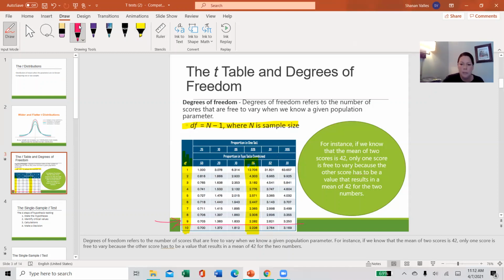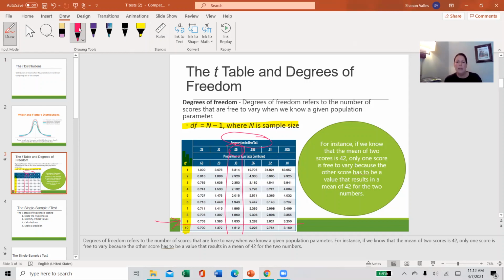That means you would look here at the two-tailed and the 0.01, and that would be this column here. They might tell you do a one-tailed at the 0.05. Here's one-tailed, 0.05, so it'd be this column.